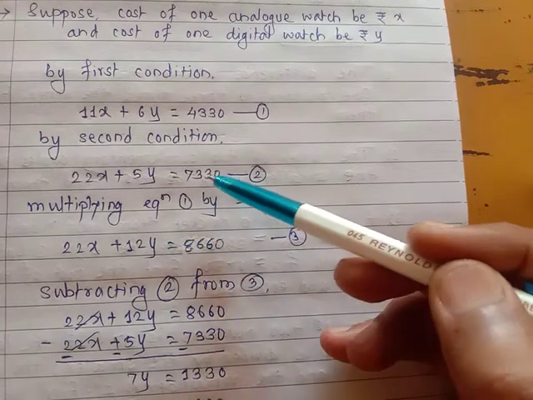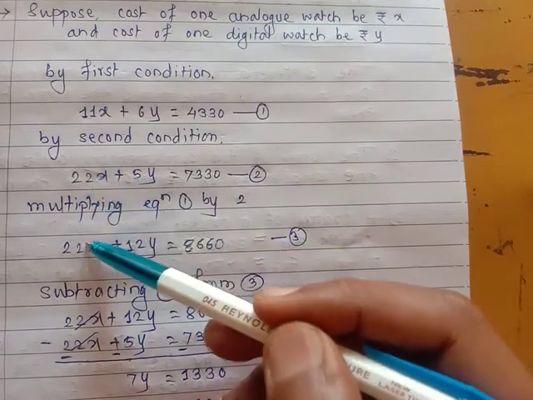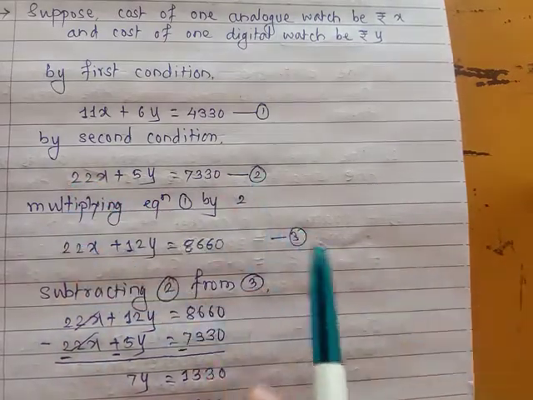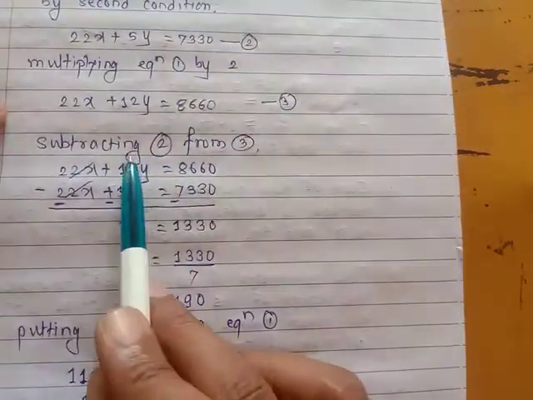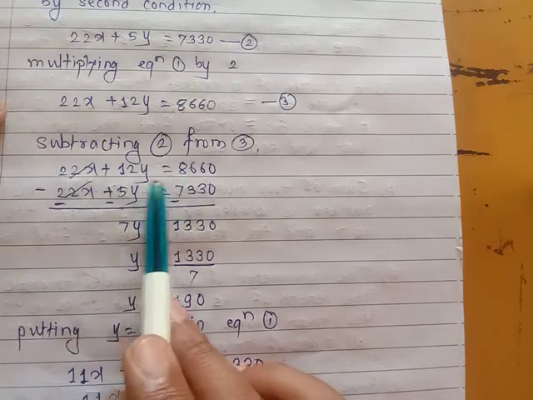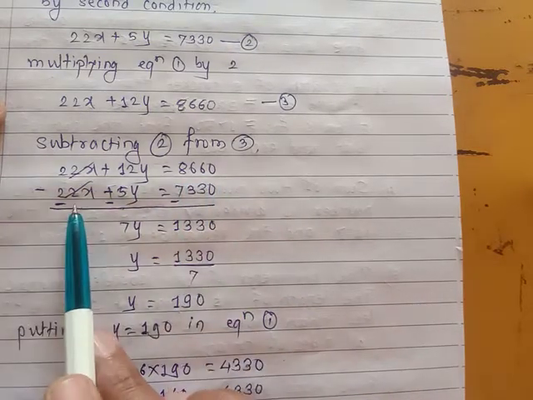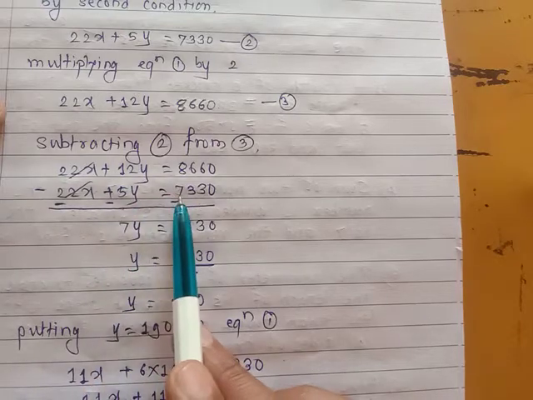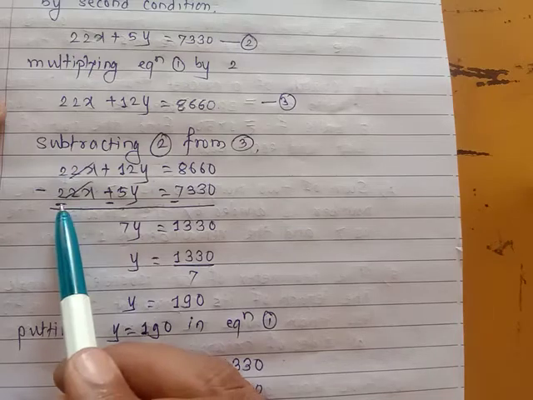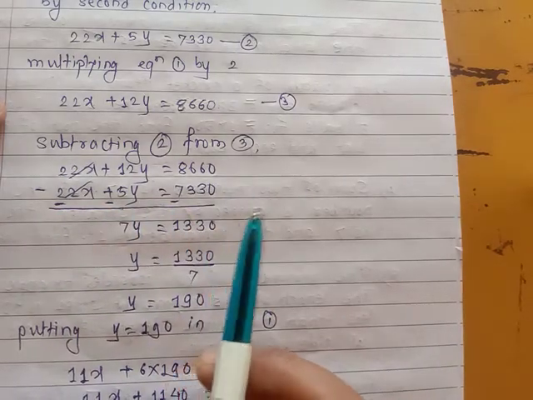If you observe equations 2 and 3, the coefficients of x are equal and these two terms have the same sign, so we have to subtract the two equations. Subtracting equation 2 from equation 3: 22x plus 12y equals 8,660 minus 22x plus 5y equals 7,330. When we subtract, we have to change the signs of every term in the second equation.